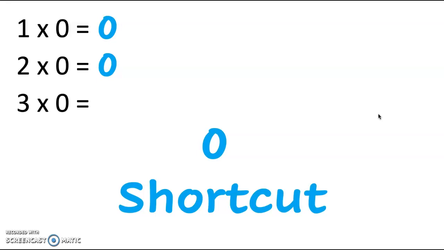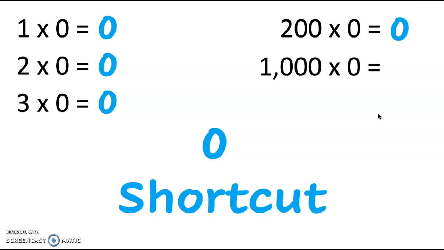What about 3 times 0? 0. Okay, but what if it's a bigger number? 200 times 0. What would the product be? 0. What about 1,000 times 0? 0. 70 times 0? 0. So friends, anytime you are multiplying any number by 0, your product or your answer is going to be 0.